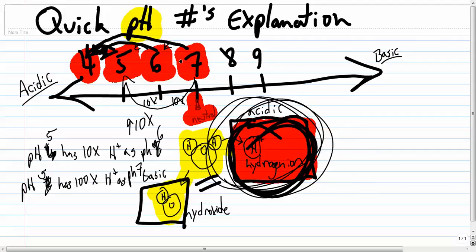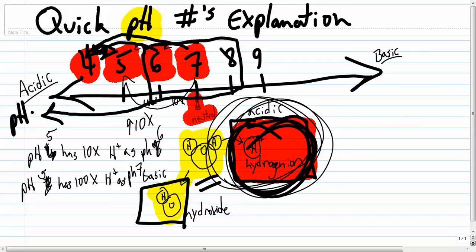So you get the idea that if you move around in this neighborhood, it's not that big of a deal. But if you get down toward the low numbers, like down toward your pHs of 1, now you're talking some fairly dangerous substances. And likewise out this way as you get out towards 13 or 14.